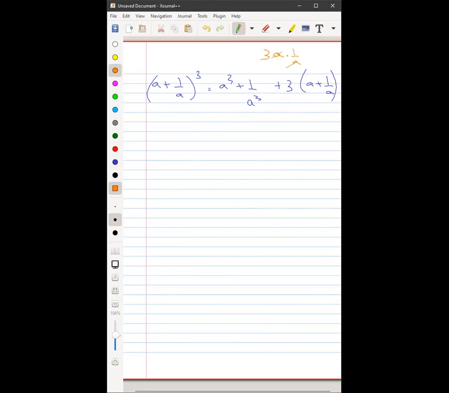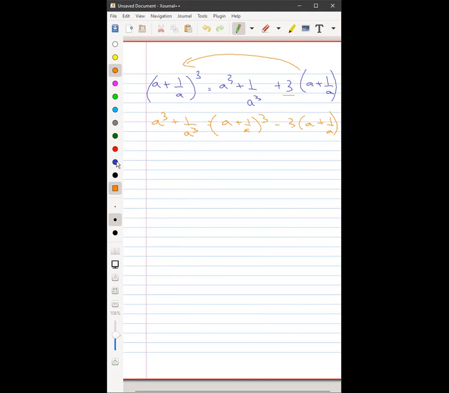We're left with only 3 into (a plus 1 upon a). So that means a cube plus 1 upon a cube is nothing but (a plus 1 upon a) the whole thing cube minus 3 into (a plus 1 upon a). Just transposing, same thing we did last time.